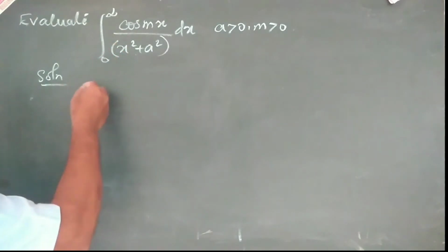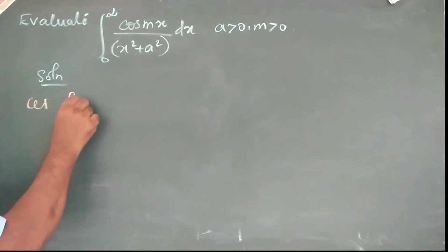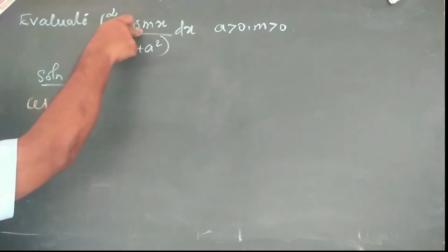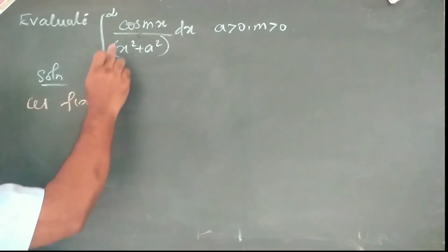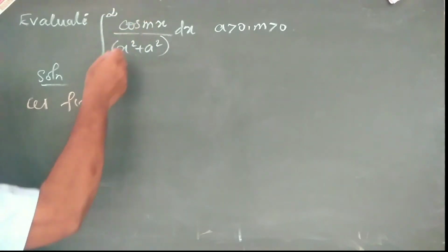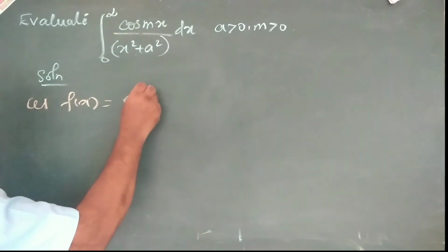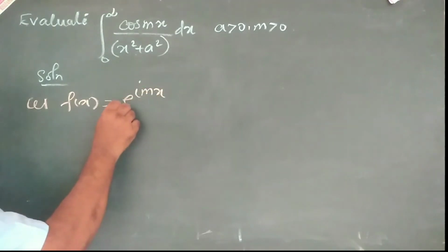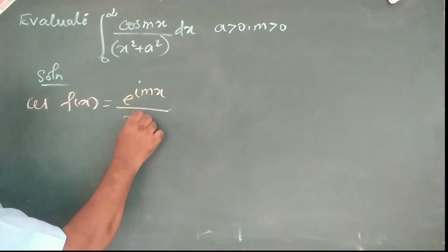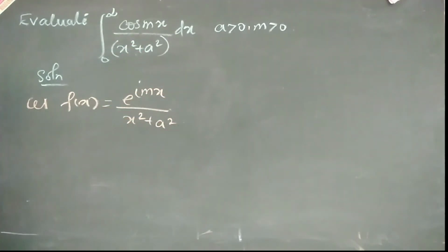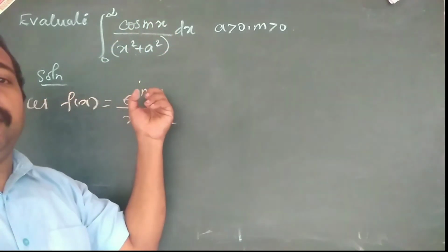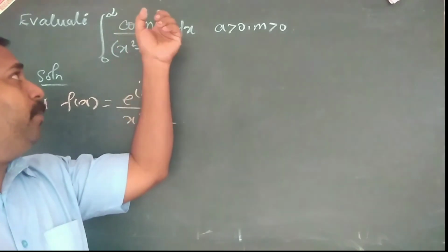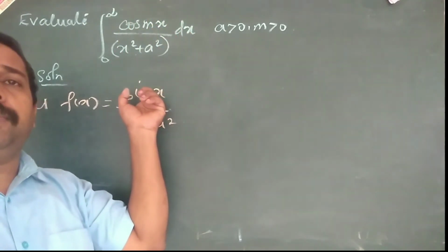We take let f of x is equal to, if this numerator contains cos theta or sin theta, we take instead of that one e raised to ix. So the numerator contains cos term. So we take e raised to imx, because cos mx is the real part of e raised to imx.